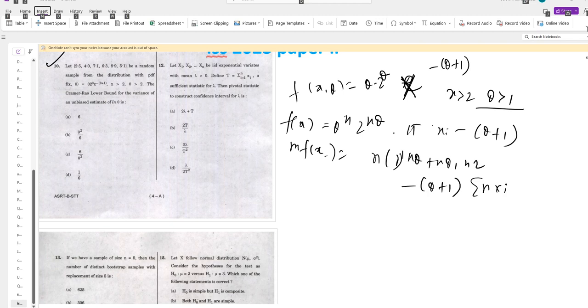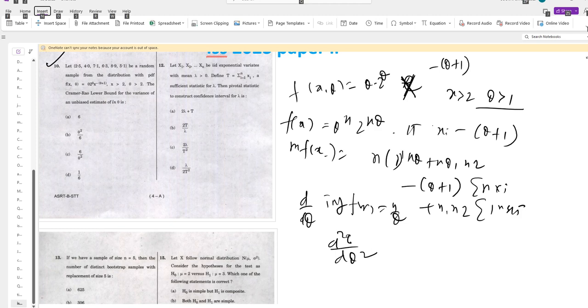Okay, and d by d theta of this is n by theta, and second derivative is minus n by theta square.